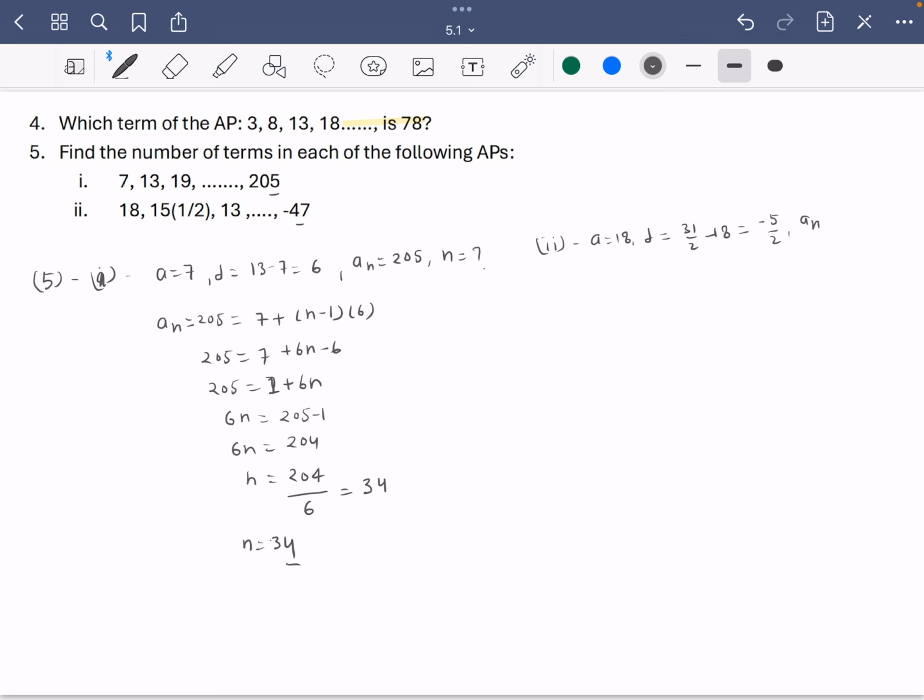And AN, that's the last term, is negative 47, and we have to find n. So we are going to use the same formula, the general term of an AP. AN, that is negative 47, is going to be A 18 plus n minus 1, we do not know what n is here, times D negative 5 over 2.